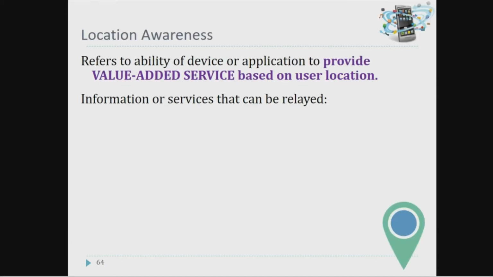Okay, so location awareness refers to the ability of a device or application to provide value-added service based on user location. So information or services that can be relayed to your location.